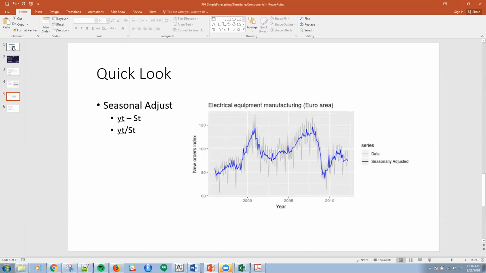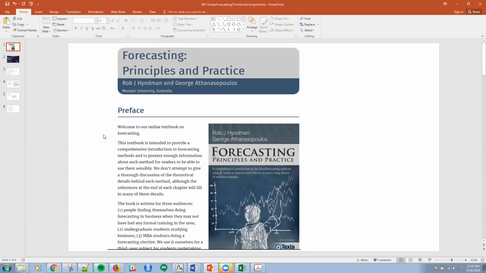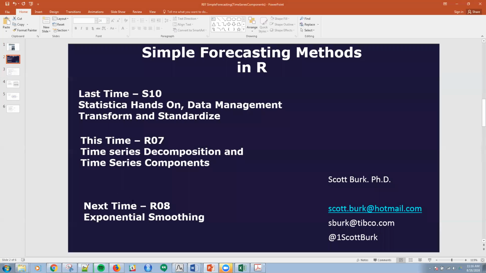So hopefully that's straightforward. We'll be using some sample data in this book, which we talked about in the previous series. Again, next time will be R08, and this is not actually exponential smoothing. Next time we're going to be talking about moving averages.